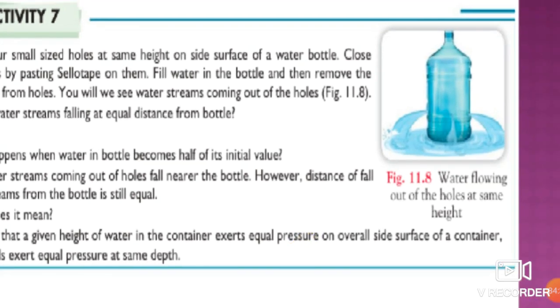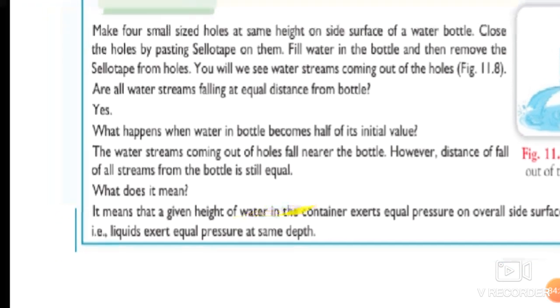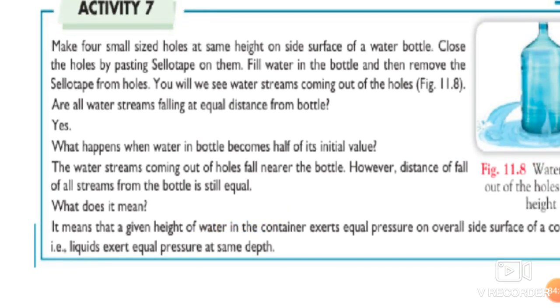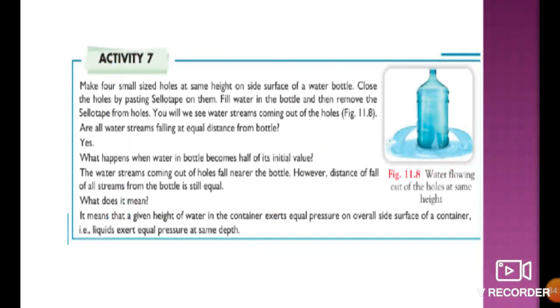However, the distance of fall of all the streams from the bottle is still equal. So what does it really mean, students? It means that a given height of water in the container exerts equal pressure, because all the four holes placed on that bottle are at equal height.